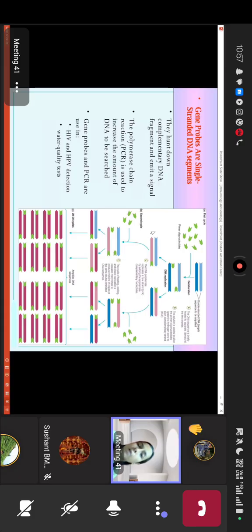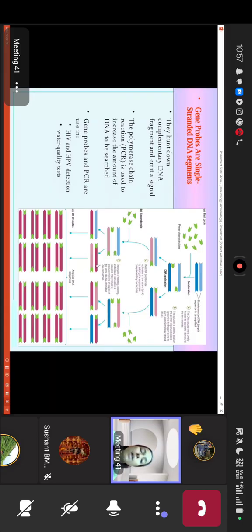So this is your PCR technique first. This is your probe. You can denature it by increasing the temperature. After denaturation, there are two different strands. These two different strands act as parent strands. Complementary to these strands, two new strands are produced, right?